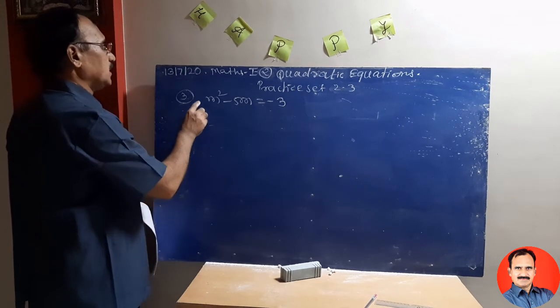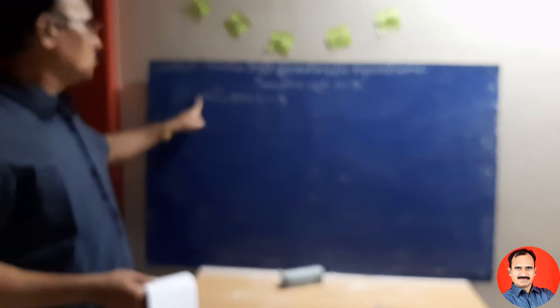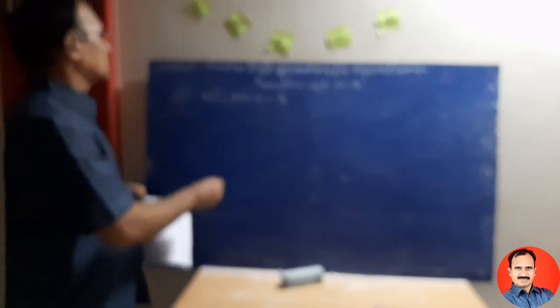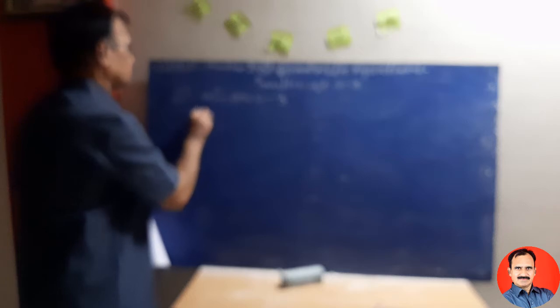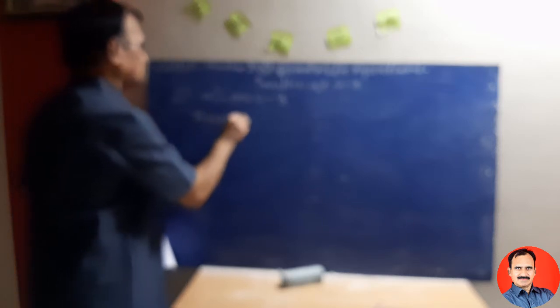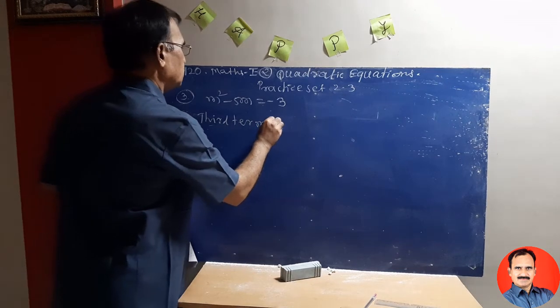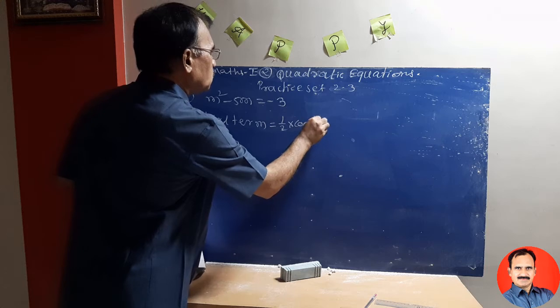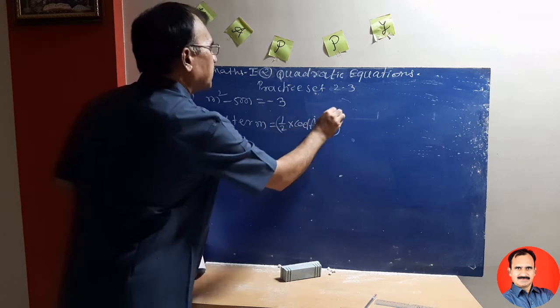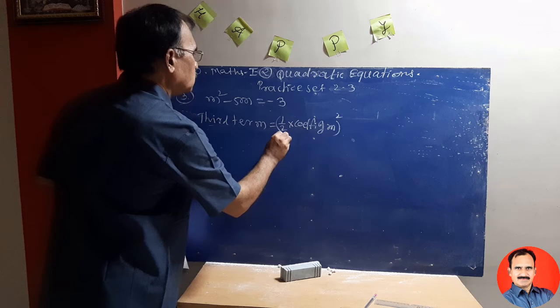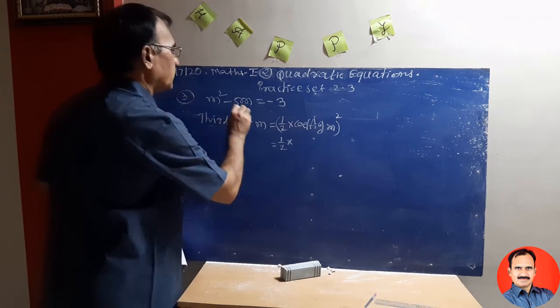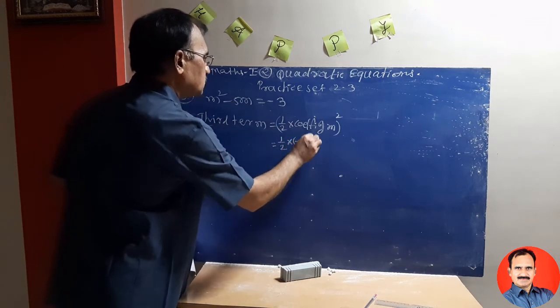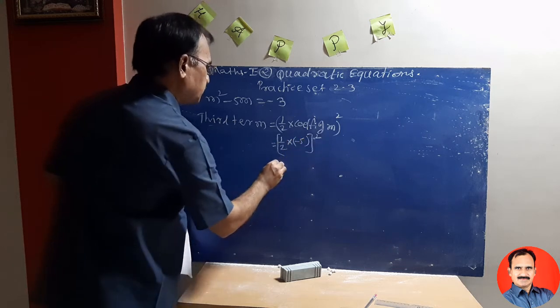Find the third term. If the coefficient of the first term is other than 1, then divide by this coefficient each term and remove the coefficient of the first term. Here, third term is equal to 1/2 into coefficient of m bracket square, is equal to 1/2 into minus 5 bracket square.